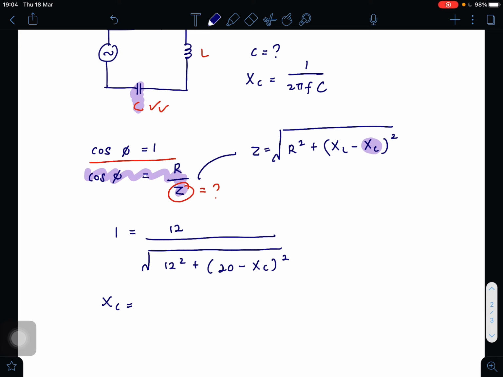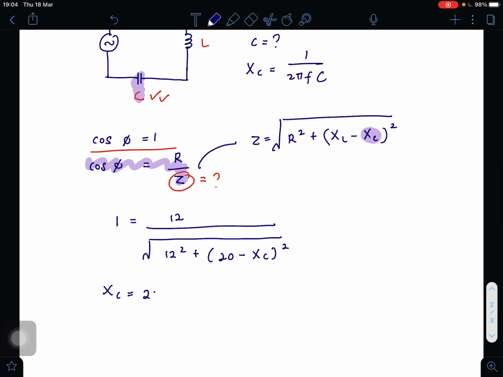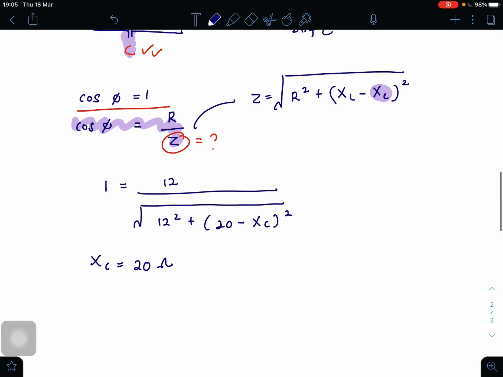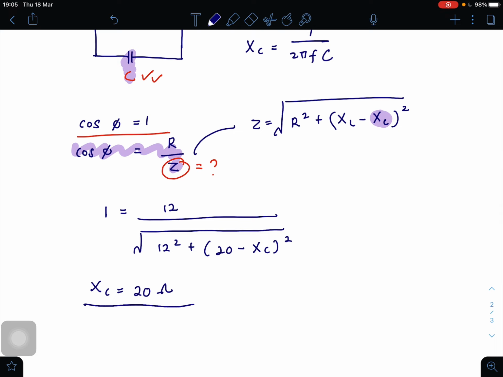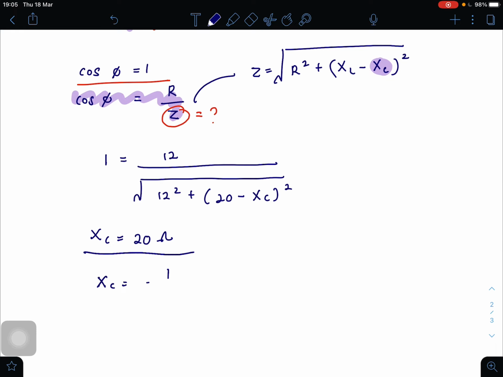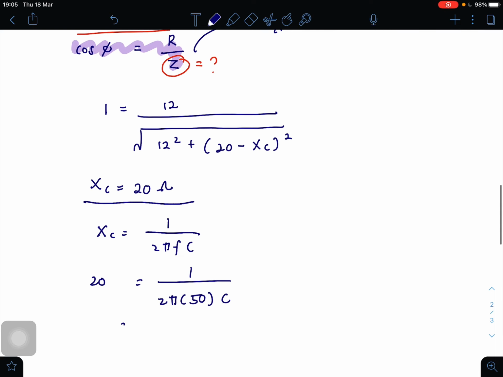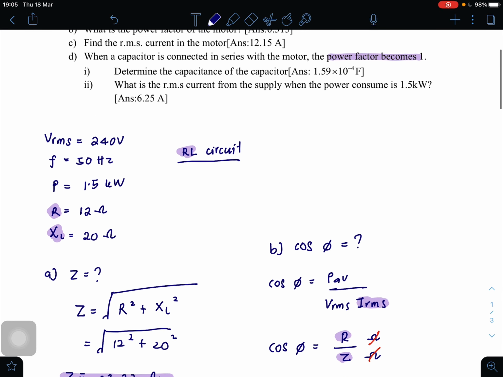So we have the value for capacitive reactance, which is equal to 20 ohm. So now that we have the XC, kita boleh cari value for C. XC is equal to 1 over 2 pi FC. 20 is equal to 1 over 2 pi, F adalah sama dengan 50, times the capacitance. So capacitance akan jadi sama dengan 1.59 exponent negative 4 farad. Okay, so that will be the first question untuk D.